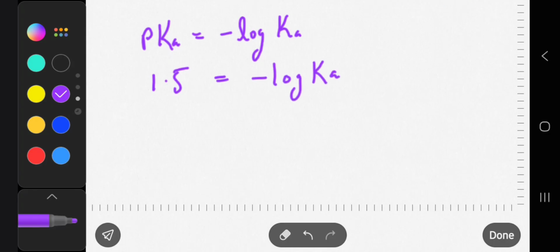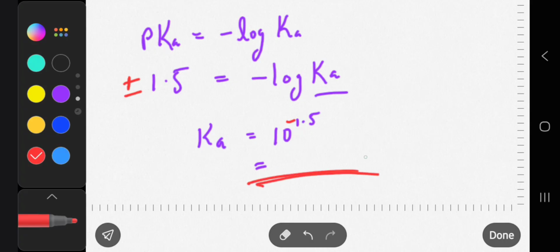What you basically do is to take the antilog of both sides to make Ka the subject. So it's going to look like this: Ka equals 10 raised to power minus 1.5. This could be positive or negative, so whichever be the case, if it's negative, you put it, then whatever you get when you solve this, you should be able to get the Ka of the acid.